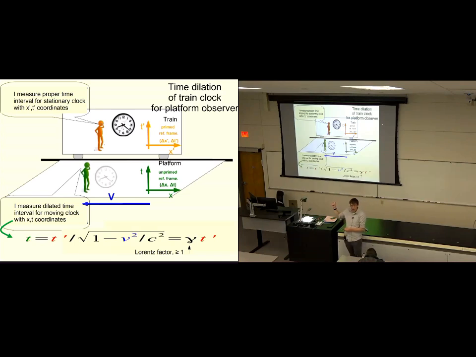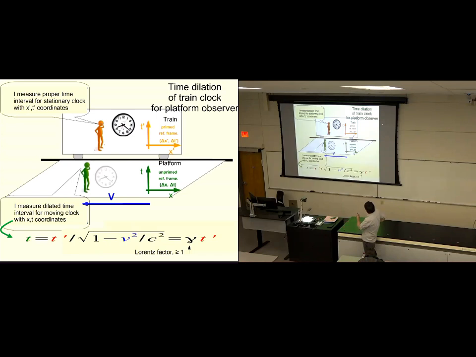Before, in the last slide, it was the passenger in the train that observed the time dilation of the moving clock. In this case, it's the pedestrian on the platform that is going to experience time dilation for the moving clock in the train.